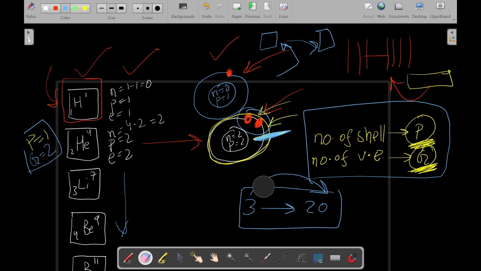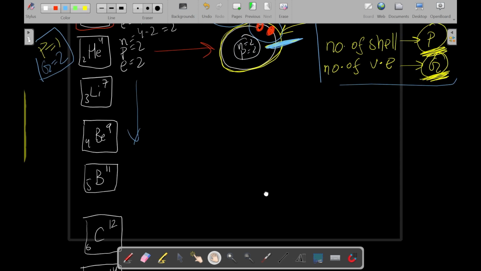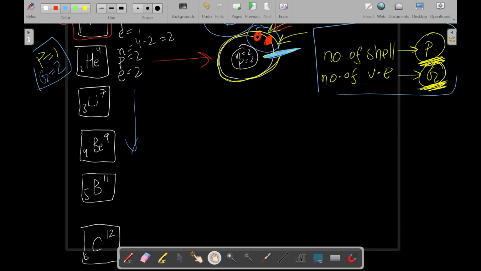Now, let me go through a few things so that I can make sure I explain what's going on. For lithium, I'll very quickly solve this one. For lithium, I've got my neutrons, protons, and electrons as 3, 3, and 7 minus 3 will be 4. I won't go into the details now because we know how to take out the subatomic particles. Now I'll quickly make the atomic structure. This is going to be 4 neutrons and 3 protons.